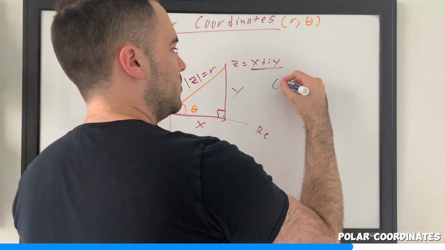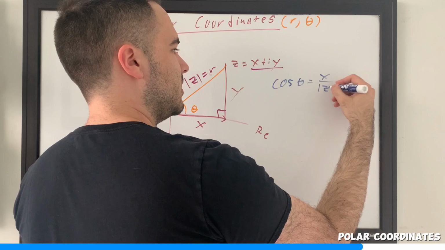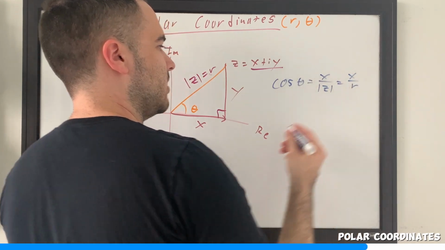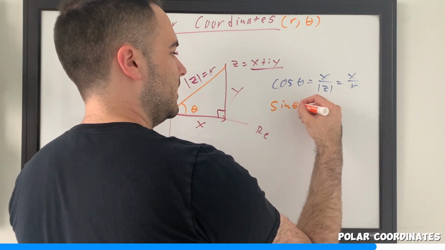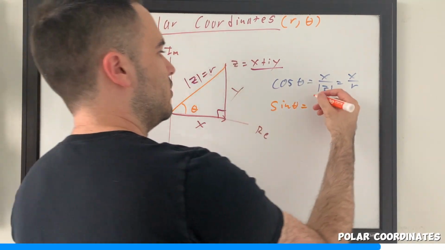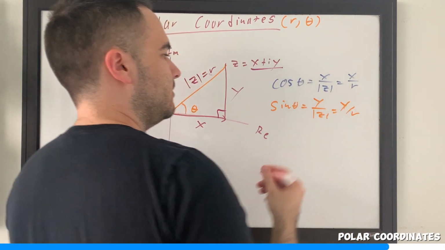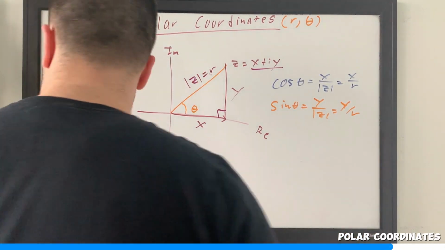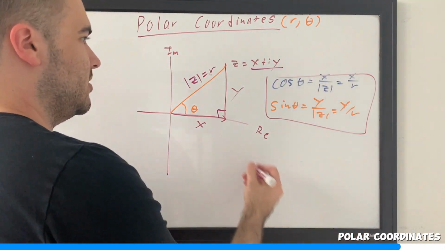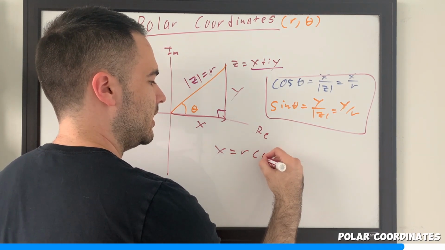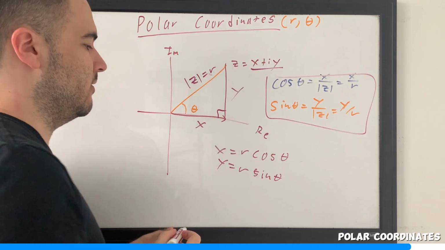We get that cos of theta is equal to x over the modulus, which we said we were rewriting as r, as well as a second equation, which is sine of theta is opposite over hypotenuse, which is y over the modulus, or y over r. So what that means is now we can rearrange these two equations to get that x is equal to r times cos of theta and y is equal to r times sine of theta.